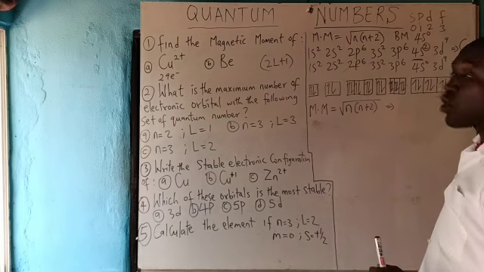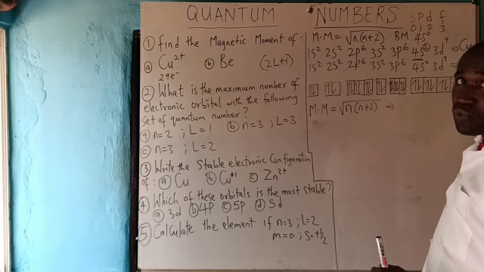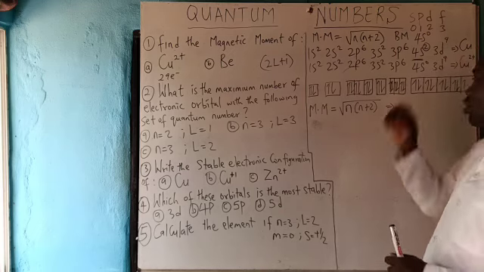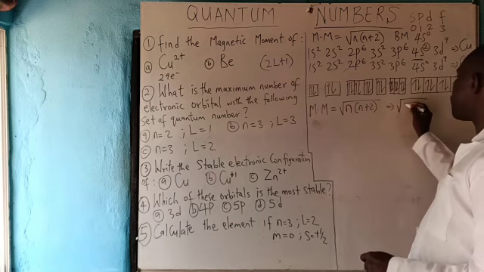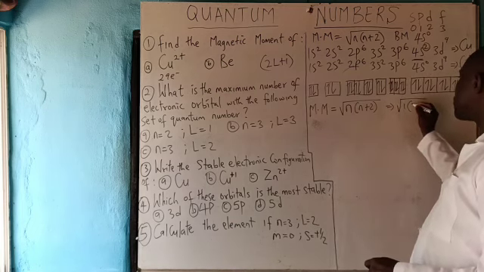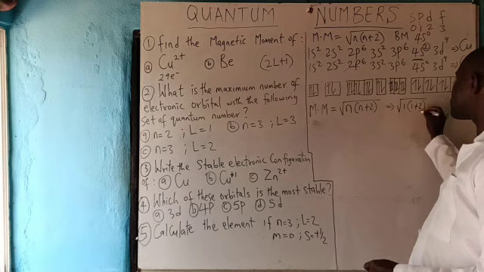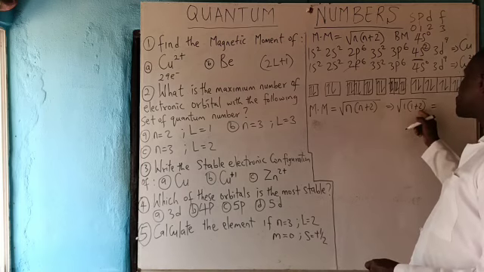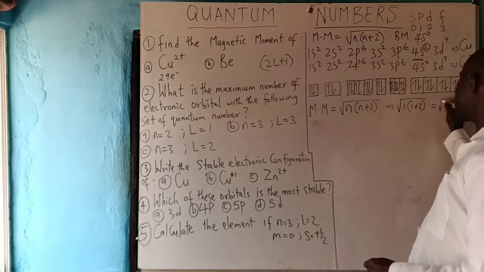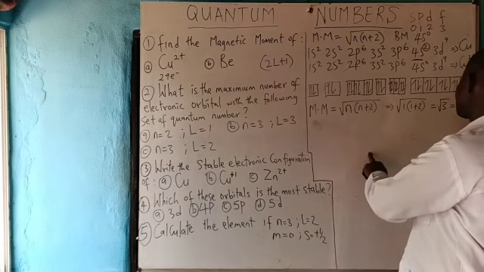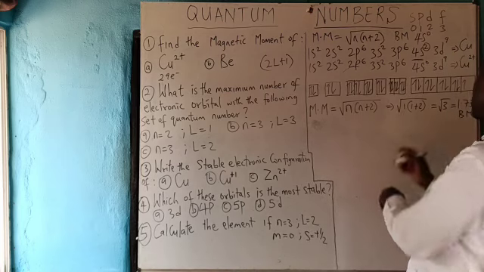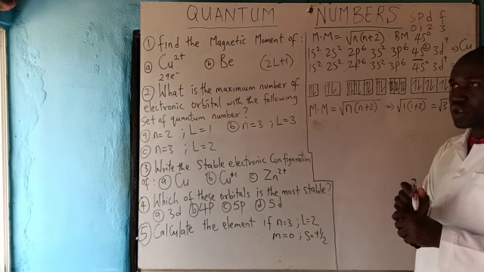We have only one orbital that has an unpaired electron. So we now say square root of 1 bracket 1 plus 2, equals 1 times 3, square root of 3, equals 1.73 Bohr magneton. The unit is Bohr magneton.